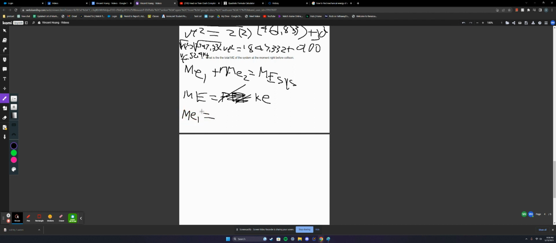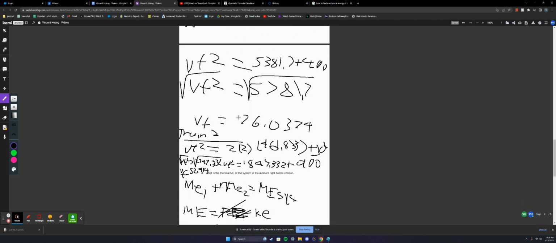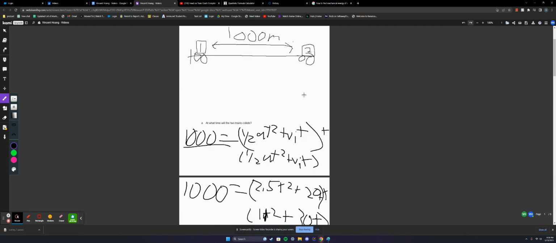So that's fine. Mechanical energy of the first train, 1/2. What is the mass of the first train? We're given it as 100 kilograms. V squared was the velocity of the first train.